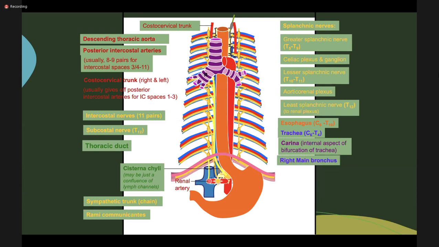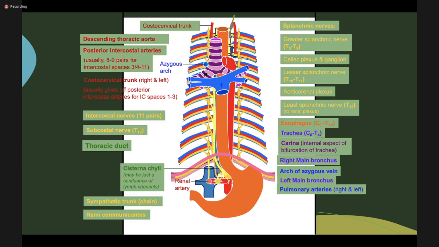So now, what are we looking at now? Right and left bronchi, we talk about it. You can see that this blue dot is the azygos. So now this is my pulmonary trunk. These are the pulmonary veins.